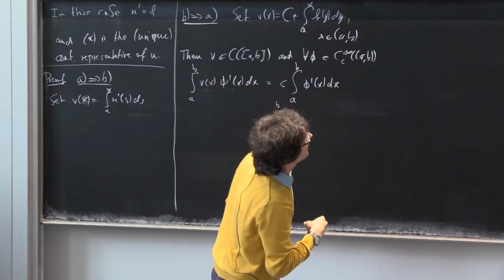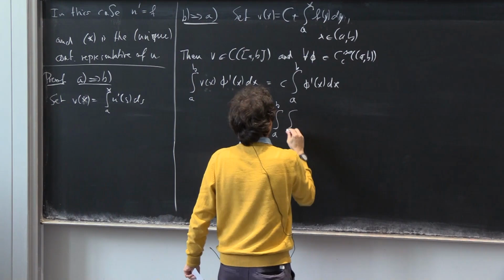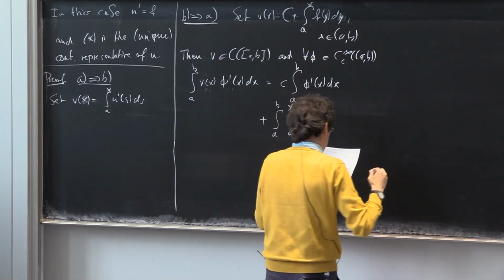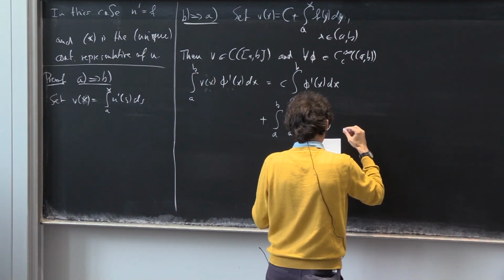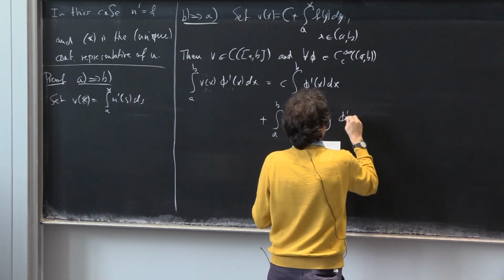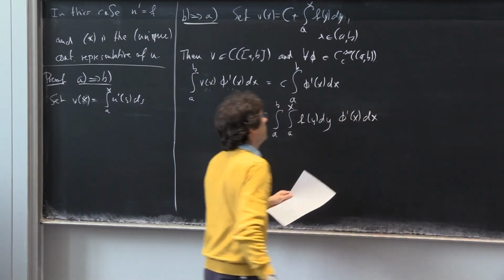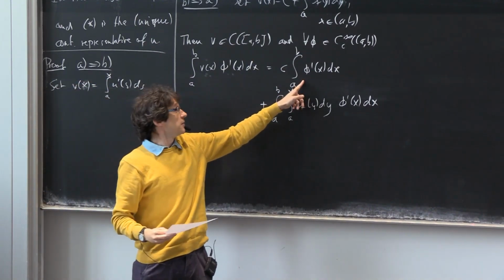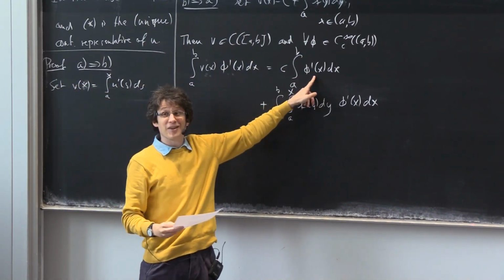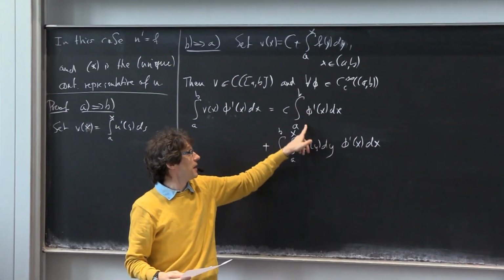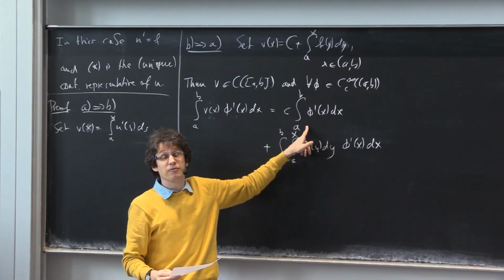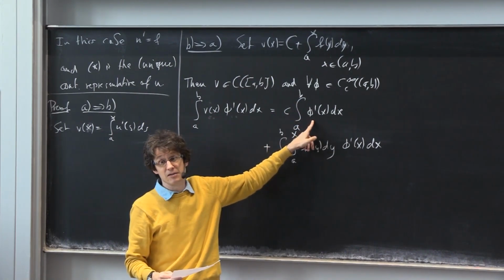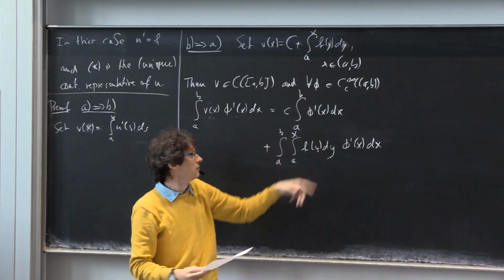Now the v is again an integral a to x f of y dy, and phi prime of x dx. Okay. Now the first integral is an easy part. You have an integral over phi prime. So this gives phi at b minus phi at a. But phi is C_c infinity of the interval (a,b), so phi of b and phi of a is 0. So this integral just is 0.